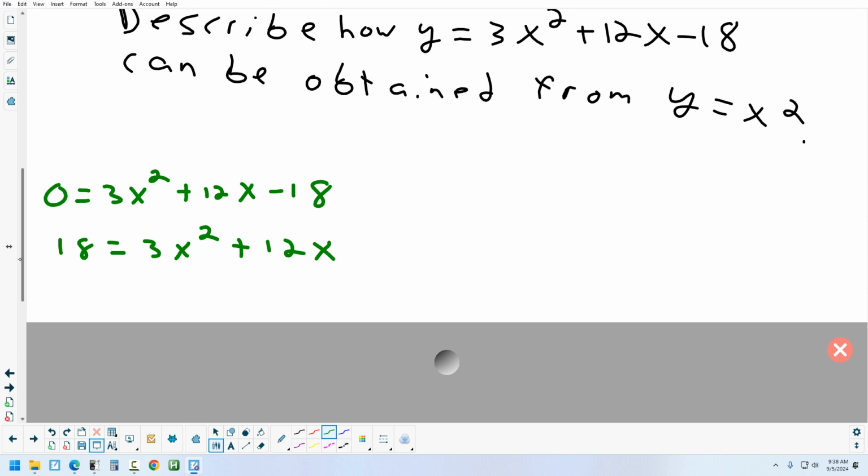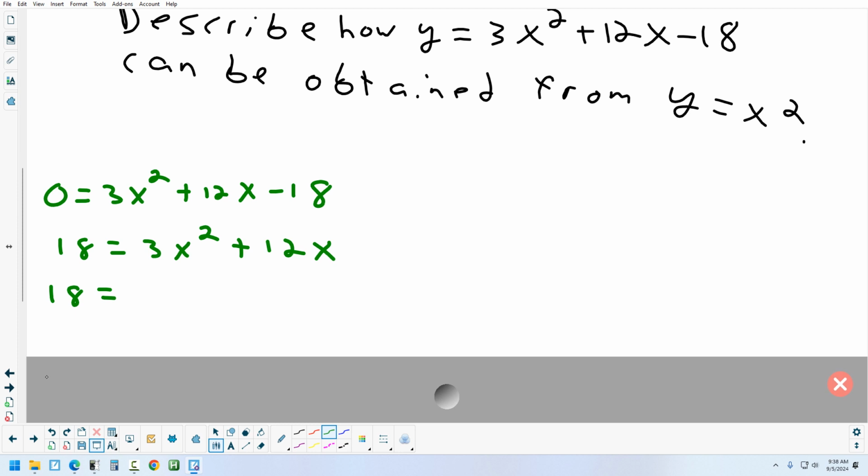Step 2. You need to make sure that the number in front of x squared is a 1. If it's not a 1, you have to factor out whatever you need to factor out to make it 1. What do I need to factor out on the right-hand side to make x squared have a 1? Yep, 3. I'm going to factor out a 3. Sometimes you don't need to do that step.